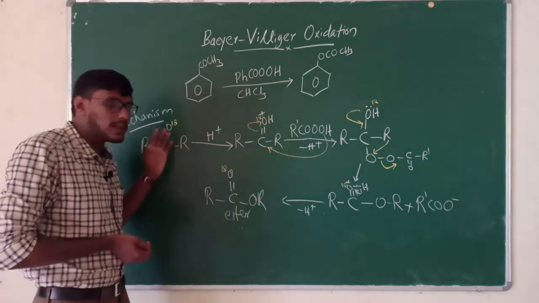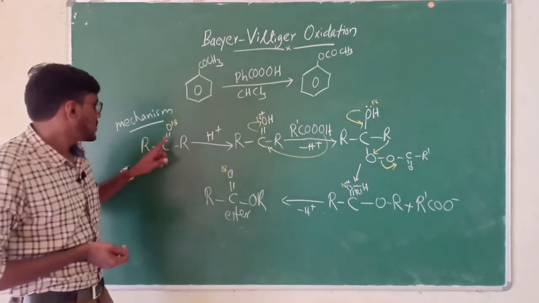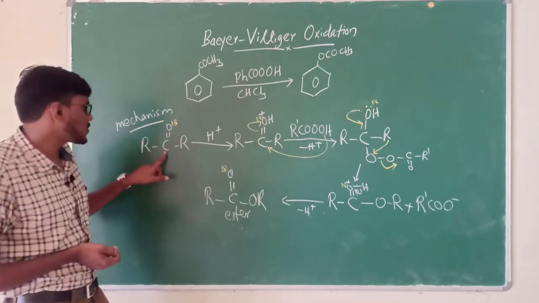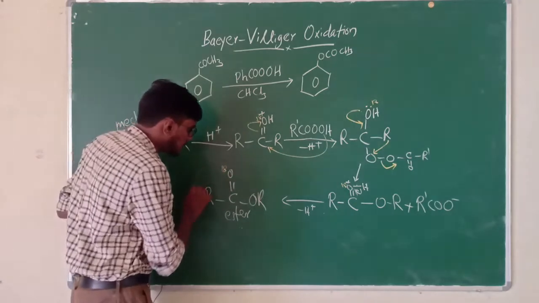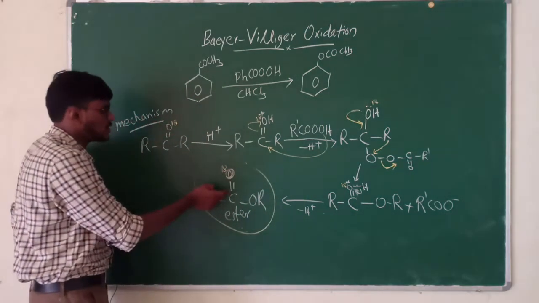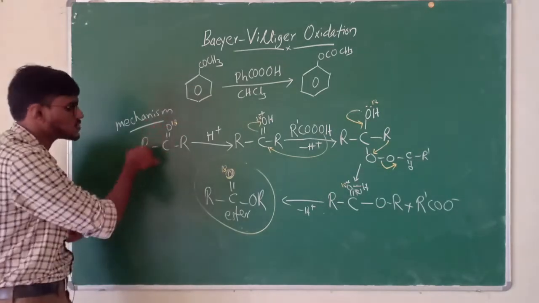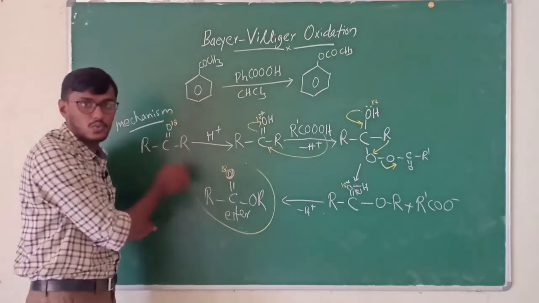This isotopic labeling suggests that the carbonyl oxygen of the ketone becomes the carbonyl oxygen of the ester. By isotopic labeling you can prove this.